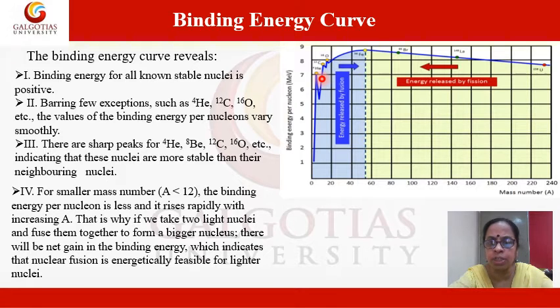We have seen that fusion reactions occur for lighter nuclei. This is because their mass number is less than 12 and they have less binding energy per nucleon.